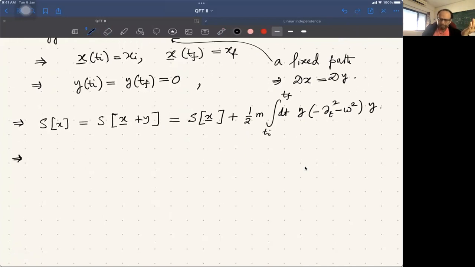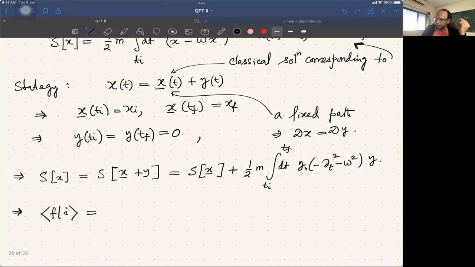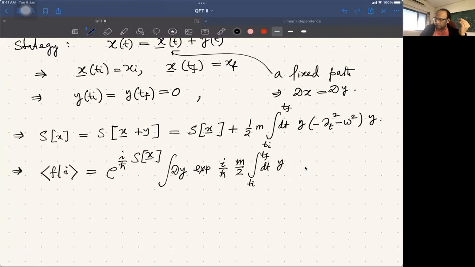Therefore, the kernel of the propagator is given by, if you substitute this in the path integral expression, a fixed phase that will come out: e to the power i by h bar S of x lower bar. Then within the path integral, you will have dy exponential i over h bar times m by 2 integral dt from ti to tf of y times minus del t square minus omega square, y.